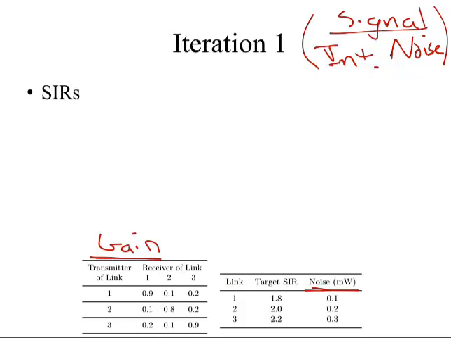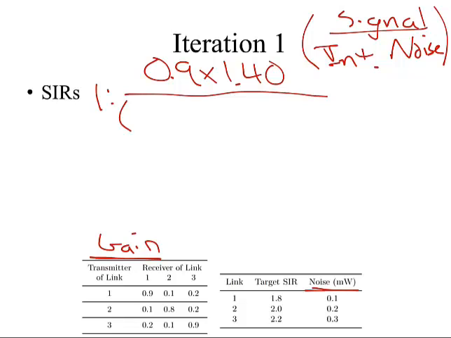So for link 1, we have 0.9, which is the direct channel gain, times the new power level, which is 1.40, over the interference, which was 0.1. This is the interfering gain for link 1 again, times 1.5 plus 0.2 times 2.68.